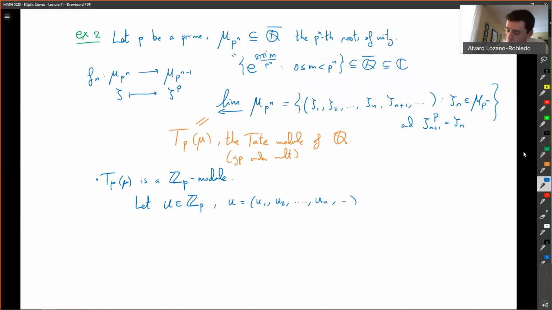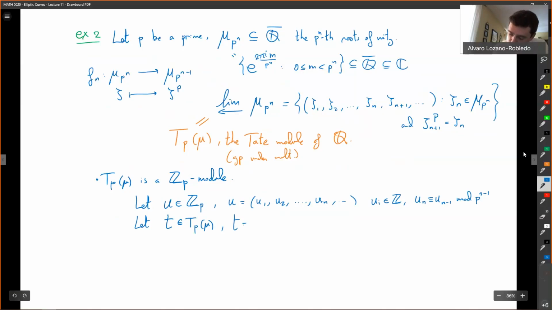So again, these are integers such that un is congruent to un minus 1 modulo p to the n minus 1. And now let's take something in the Tate module. Let's call it t, for Tate module. So t is an element of the Tate module for Q. t is going to be a sequence of roots of unity.